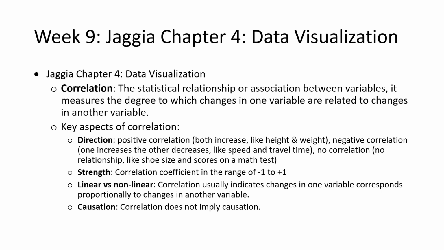We also think of correlation in terms of strength. How strong is the correlation? Now we can use terminology for that. We can say this has a strong positive correlation or a weak negative correlation. We can also do it mathematically, using the correlation coefficient.